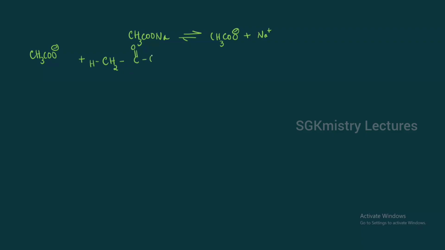Then CO, O, CO, CH3, right? This is acetic anhydride. This acetate ion will abstract the hydrogen here. So this will shift here. So it abstracts the hydrogen.